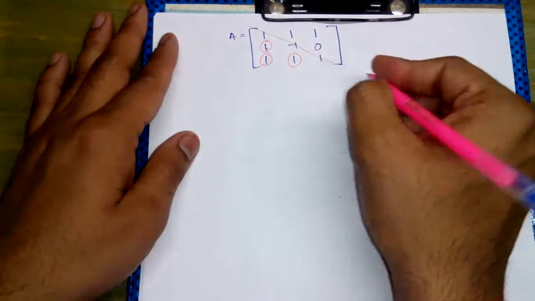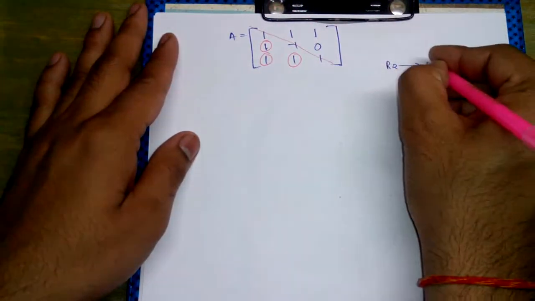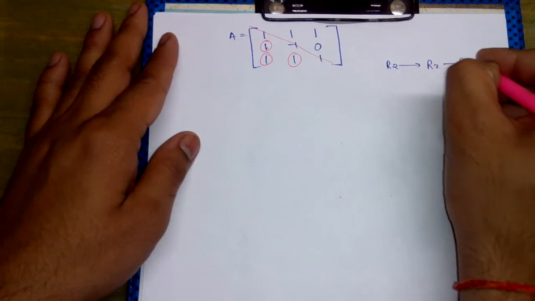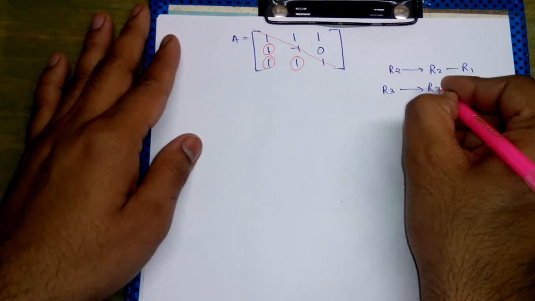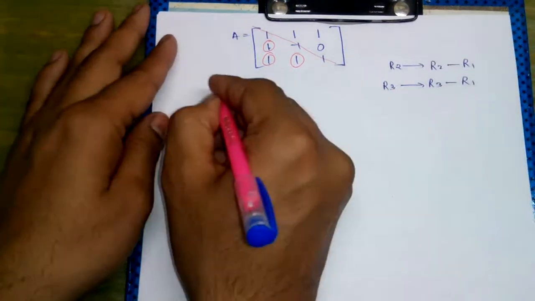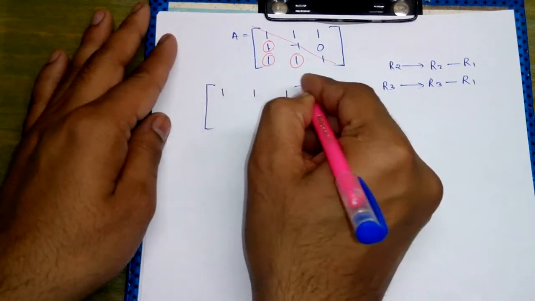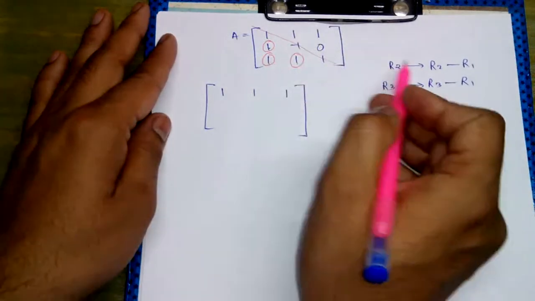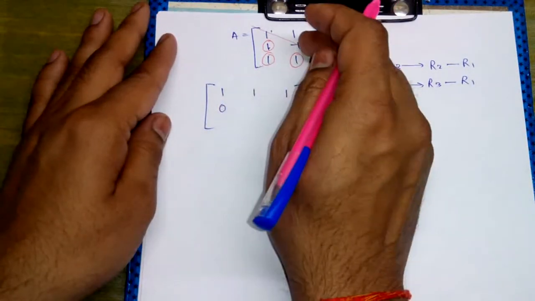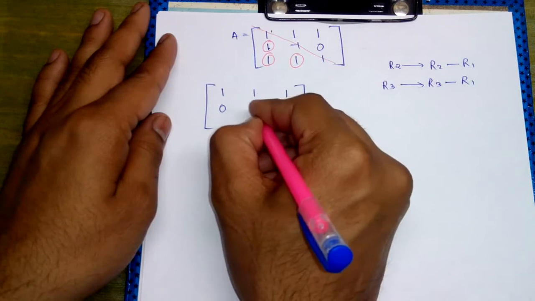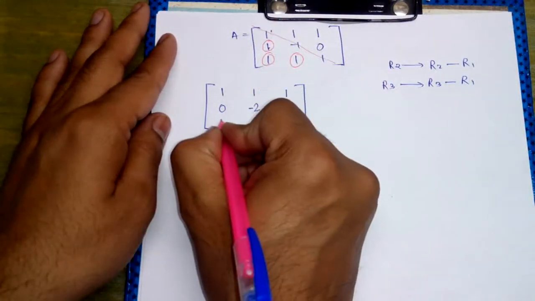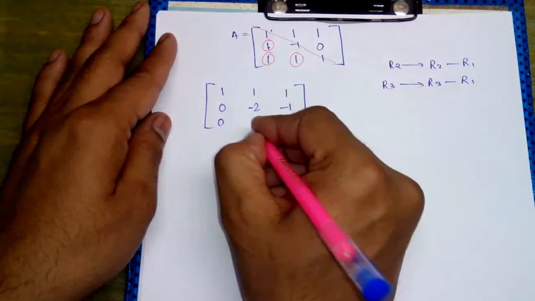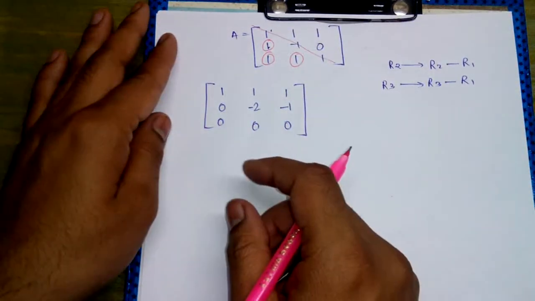So this term can be simply made 0. R2 is equals to R2 minus R1, and R3 is also replaced by R3 minus R1. So 1 1 1, first row remains unaltered, then this minus this 0, this minus this minus 2, this minus this minus 1, this minus this 0, this minus this 0, this minus this 0.